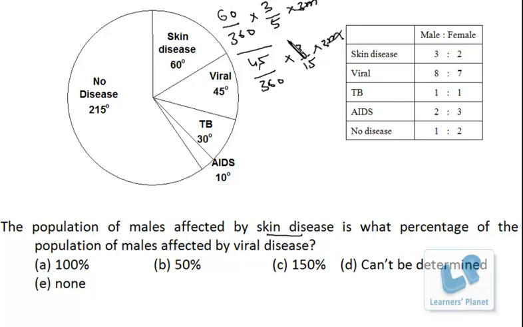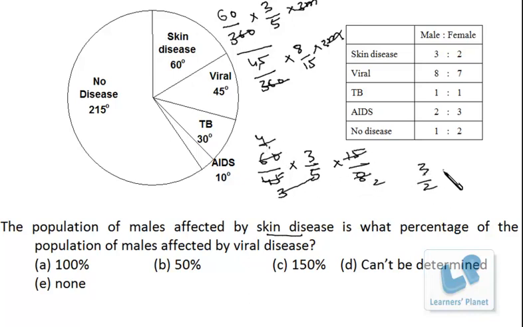So just forget this. Finally, it is 60 by 45 into 3 by 5 into 15 by 8, right? So it's 3 by 2, that means 150%, right? Quite easy.